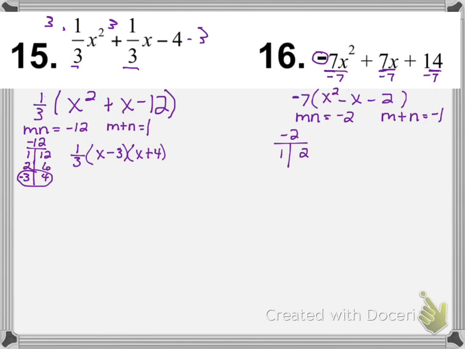And so 2 minus 1 is 1. To make the decision as to which one you use for a negative, since the magic numbers added equals a negative 1, then the largest number is negative. So we're going to bring down the negative 7, and we're going to have x plus 1, x minus 2.